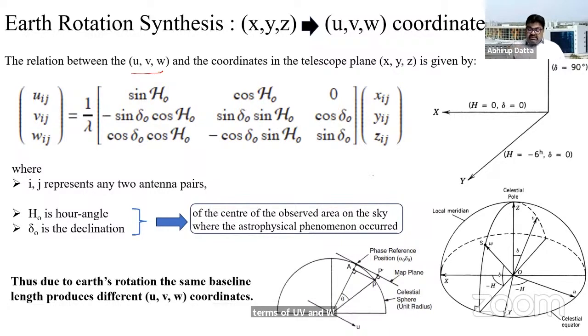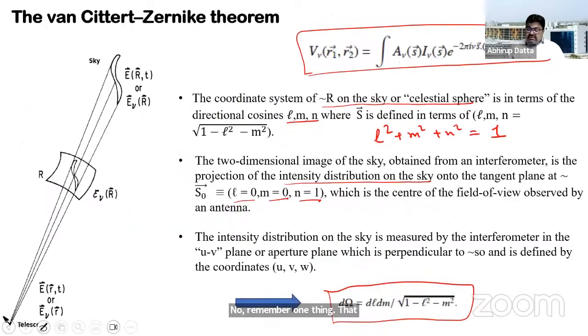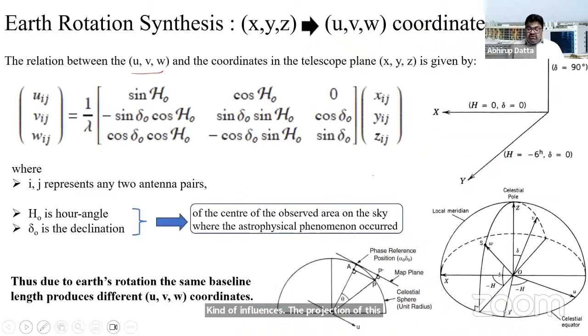Now remember one thing, that this direction S changes position, right? And the rotation of the Earth influences the projection of this baseline. So finally, all that we measure is in terms of a projected baseline towards the direction of the source.